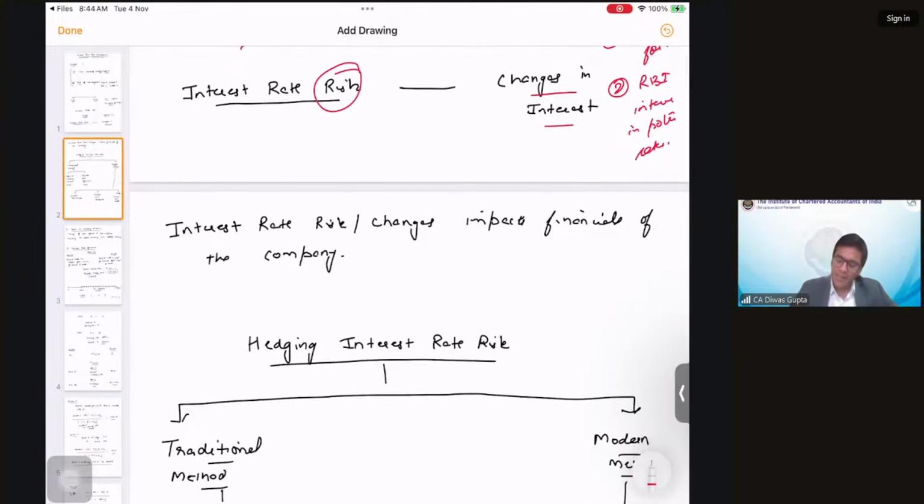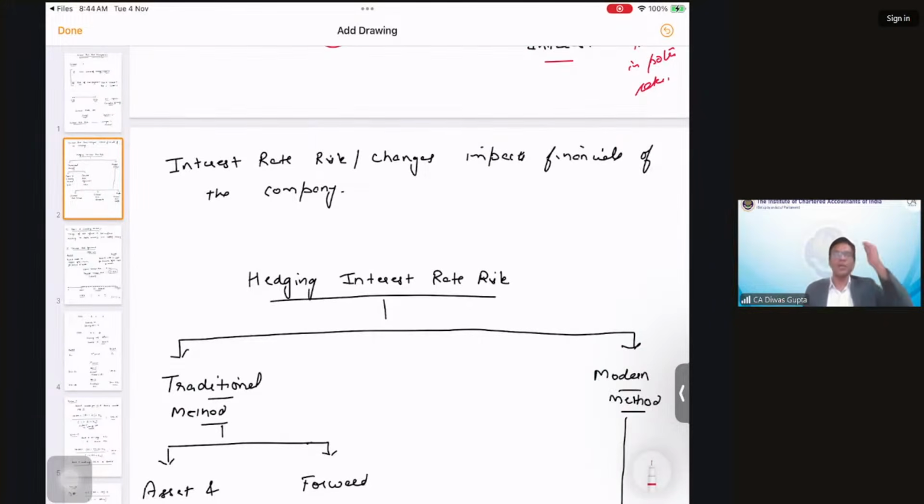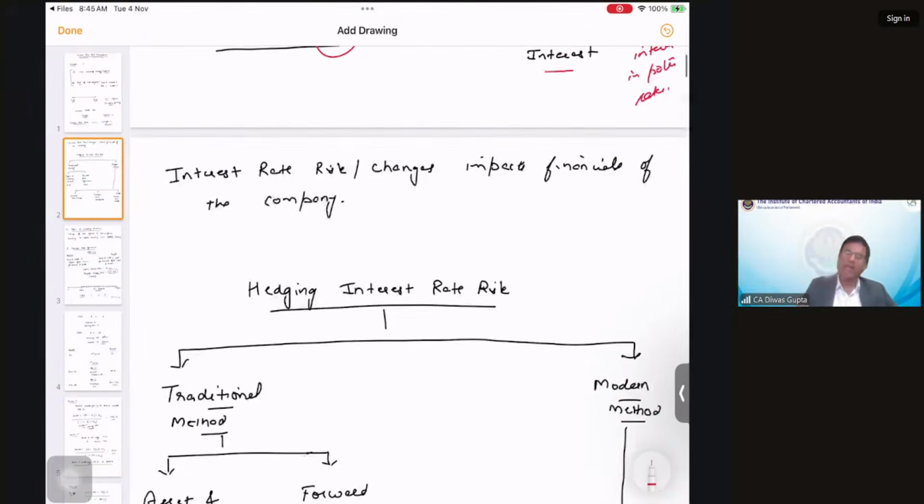Now, interest rate changes impact the financials of the company. So we are going step by step, right? First of all, we defined what is interest. Then whether interest is static or dynamic, it is dynamic. If it is dynamic, it is posing a risk. Now that risk is posed in the form of different outcomes. Imagine someone has given a loan, right? And suddenly the interest rate falls. The realization of the interest will also fall.